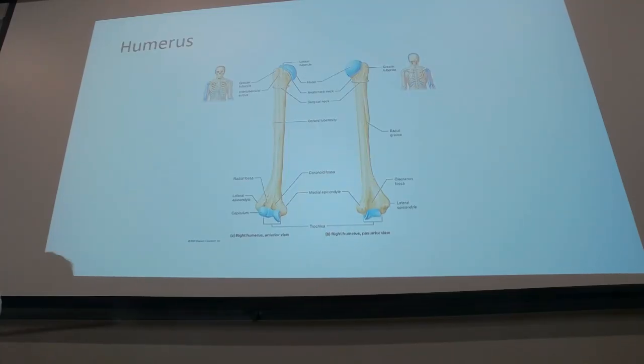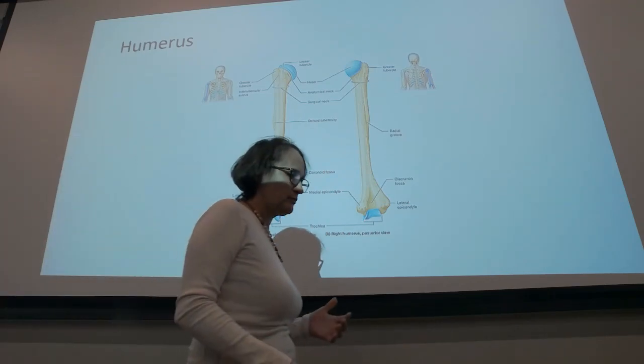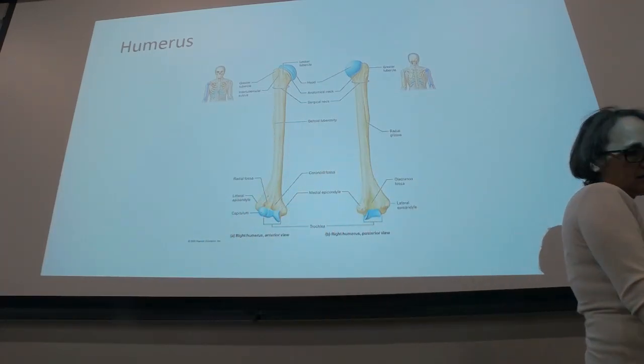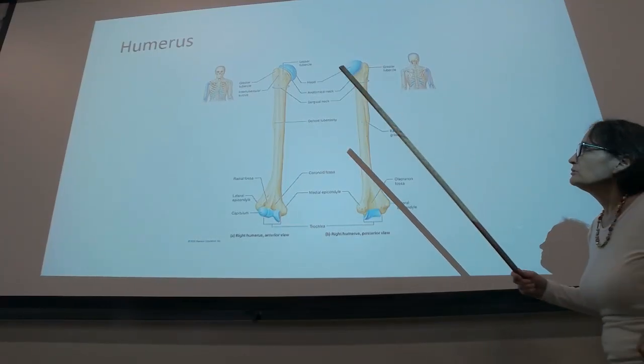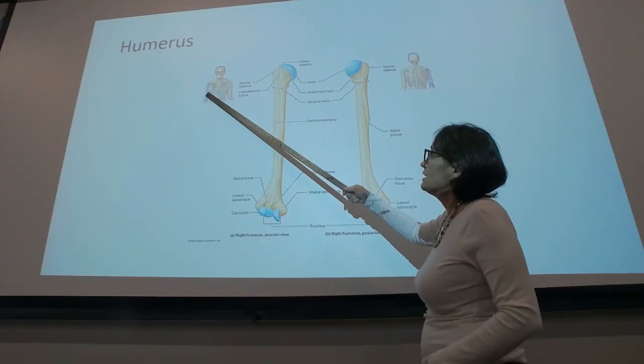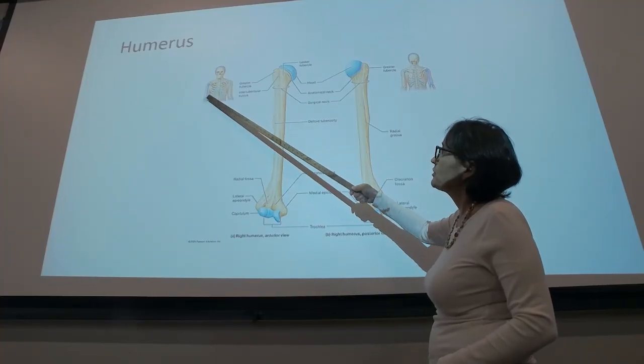Humerus, it is medium size in length in comparison to other bones like our femur or our tibia, our fibula that are located in the leg. So this is the bone of our arm.